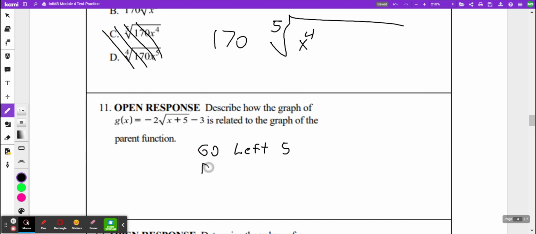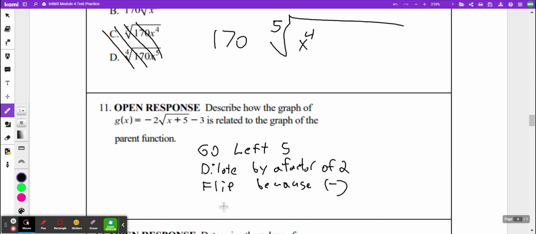That means dilate away from the x-axis by a factor of 2. And now we're going to flip it because it's negative. And then finally, it says minus 3. It says down. Go down 3.